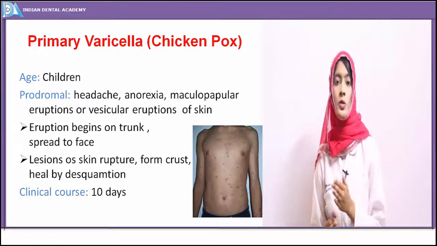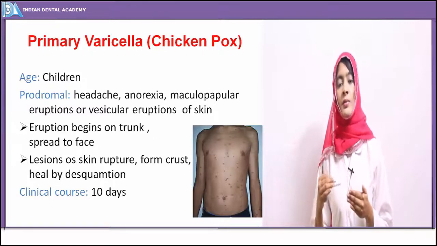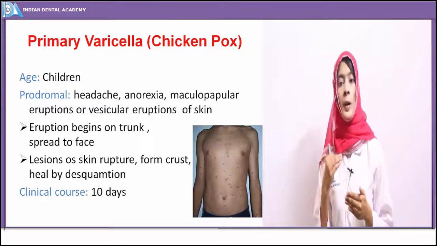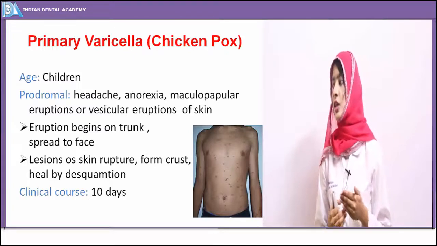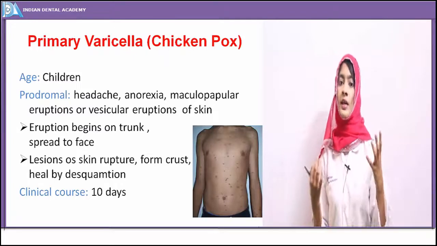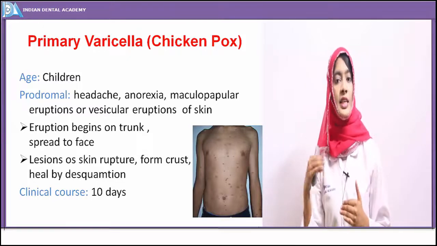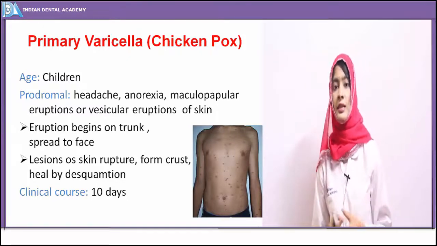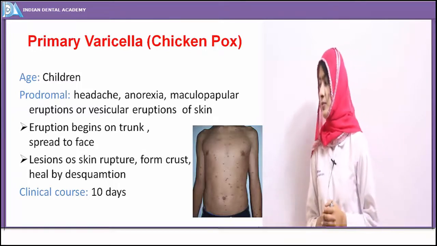Once the prodromal symptoms start, the rashes begin to develop. These are maculopapular or vesicular eruptions on the skin surfaces. They typically begin on the trunk first and then spread to other areas like the face, hands, and legs. Almost all of the body is affected by this virus.